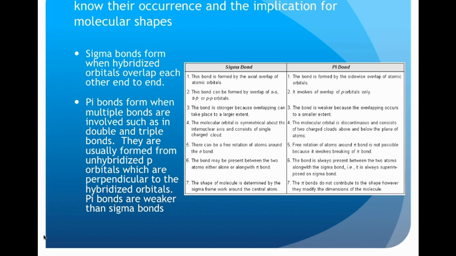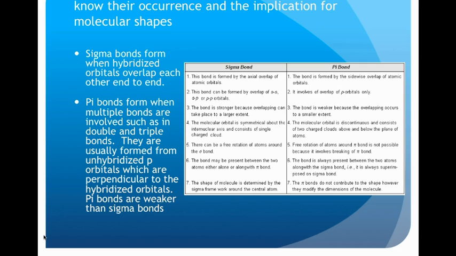Now, if we have another type of bond on top of a sigma bond, we call that a pi bond. A pi bond is formed by an overlap of atomic orbitals. We'll see in this case overlapped unhybridized p orbitals, which are perpendicular to the hybridized s orbitals.